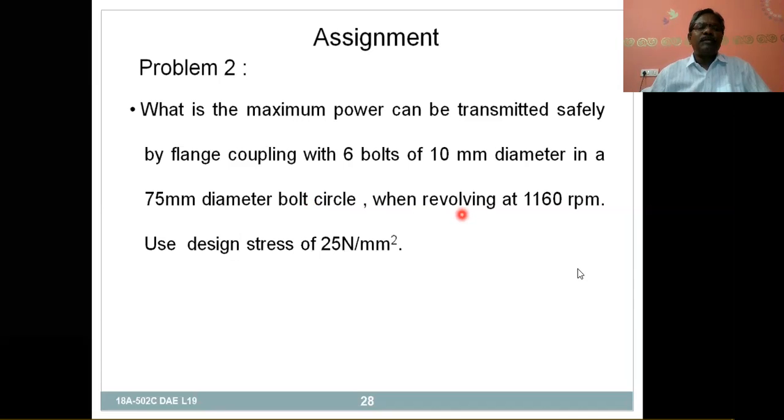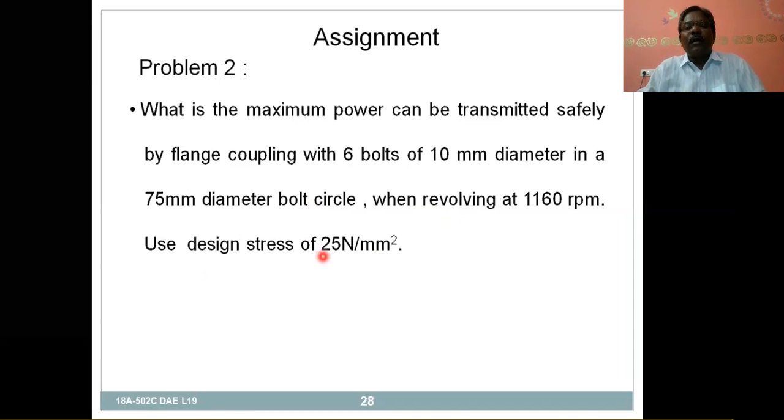So rpm is also given. Use design stress as 25 newton per millimeter square. So we have to calculate the maximum power.